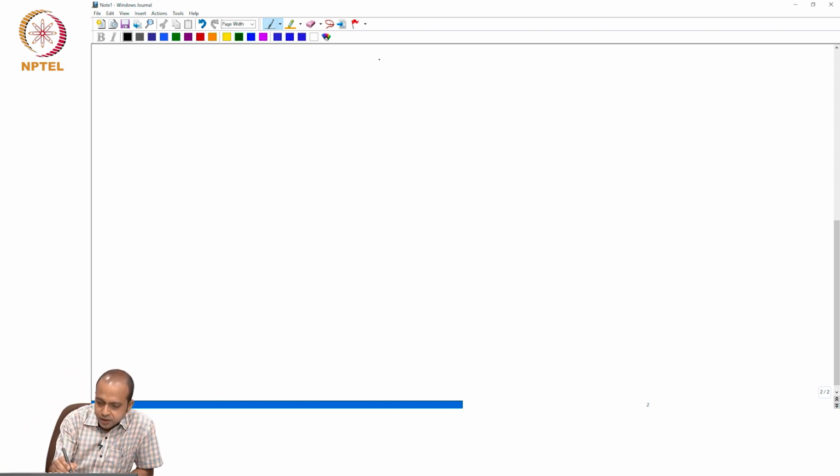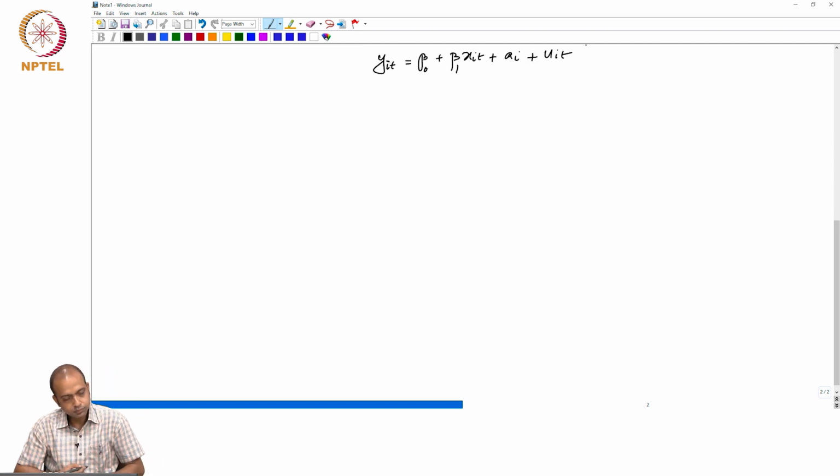So, let us say this is the model: yit equals beta 0 plus beta 1 xit plus ai plus uit. And then what we do is take a time domain transformation for both yit and xit.